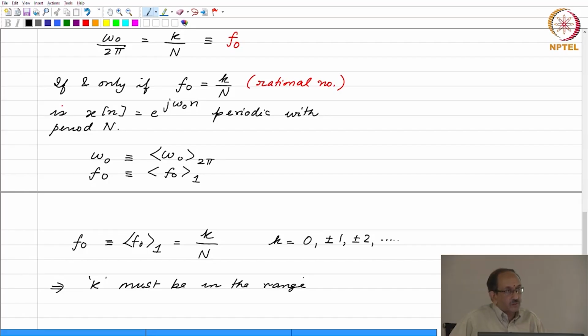Minus N by 2 to plus N by 2, that opens up N odd, N even and so on. An easier way of stating that would be 0 to N minus 1, right. So this must be in the range 0 to N minus 1, because if k were equal to N, then that is the same as k taking the value 0.